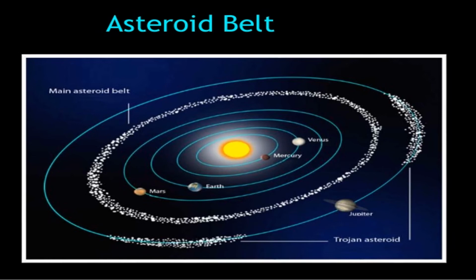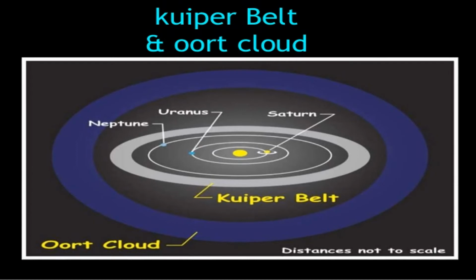As you can see, there is the Sun at the center, then you have the planets, and then the asteroid belt. This is how it looks. They are orbiting around the Sun. You also have here the Kuiper belt and Oort cloud. This is for the comets.